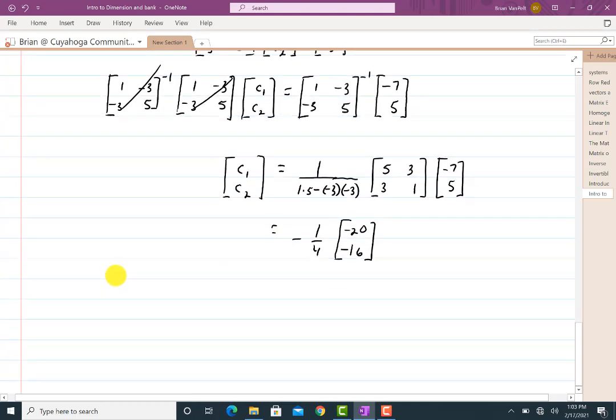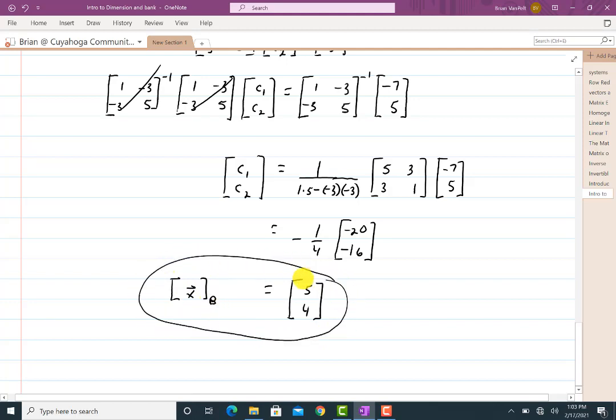It just so happens that 4 goes into 20 and 16 evenly, and we end up with (5, 4). So that was the coordinate representation for x relative to that basis.